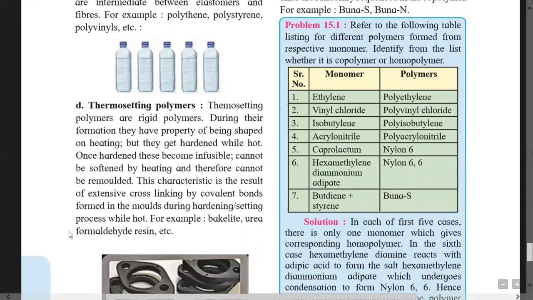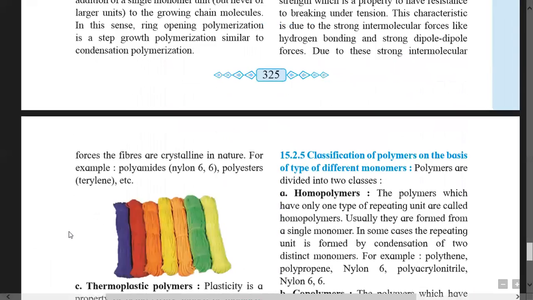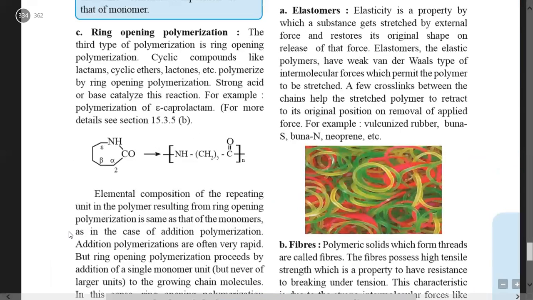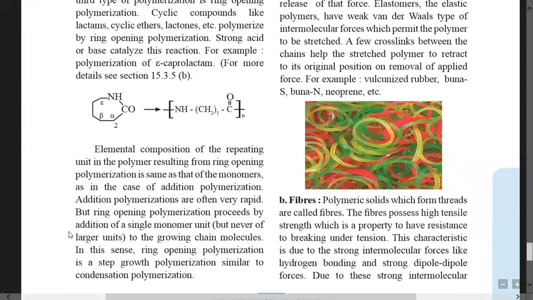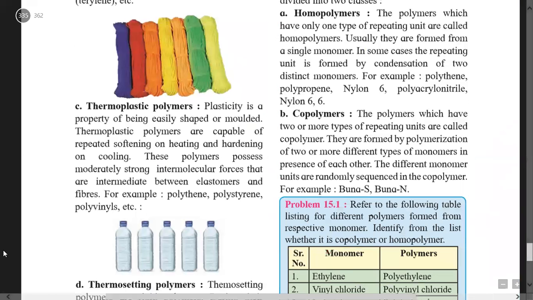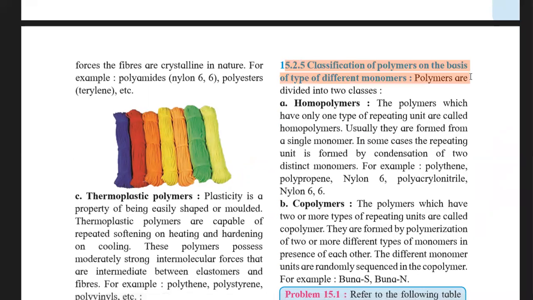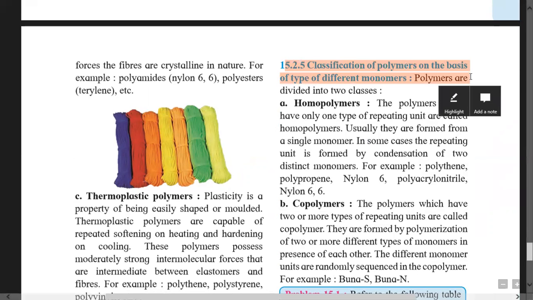So on the basis of intermolecular forces, the polymers are classified into four types: elastomers, fibers, thermoplastic polymers, and thermosetting polymers.